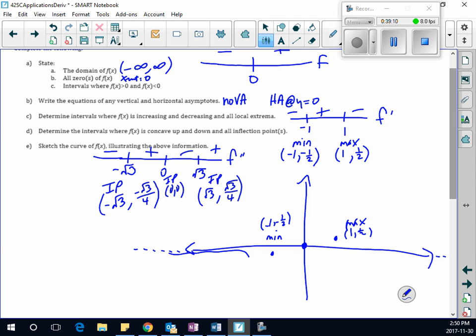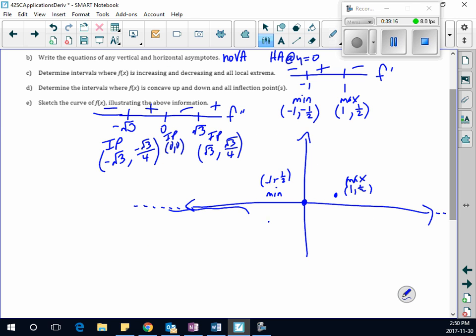I need to make this a little bit lower because otherwise I'm not going to be able to get this all in. We'll just make it work a little better instead of making it to scale. So it's coming like this, changing concavity at negative root 3, comma, negative root 3 over 4.